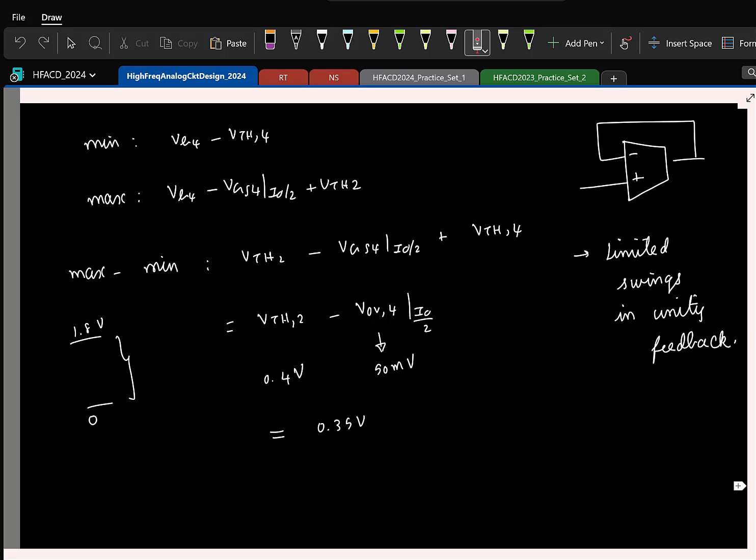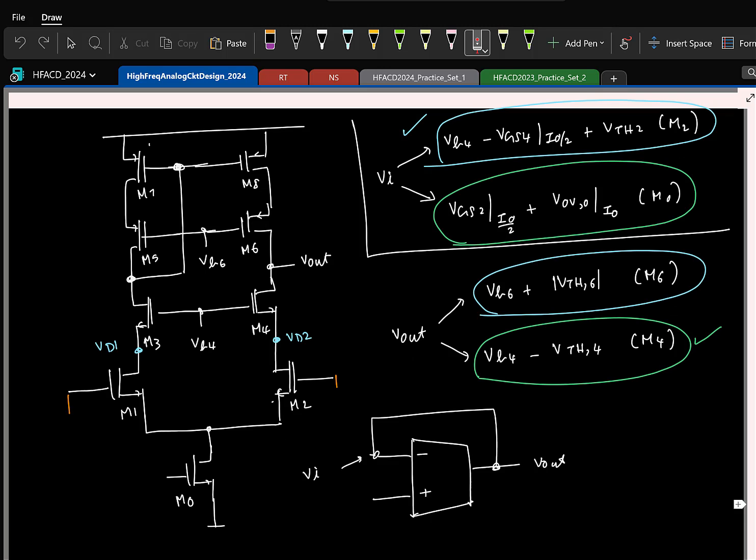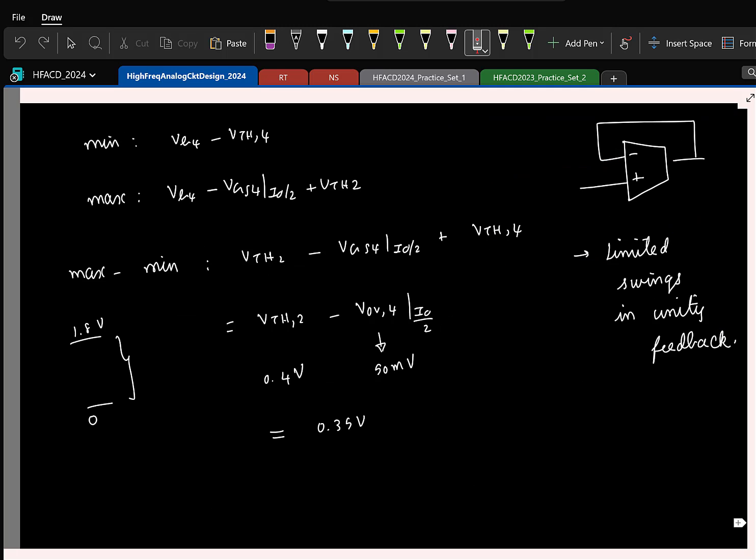But not all applications use unity feedback, so in that case you will not be constrained by the input being equal to the output. In a general setting we will see the absolute maximum and minimum the output can reach. I believe we started with that in the last class. Let's resume.